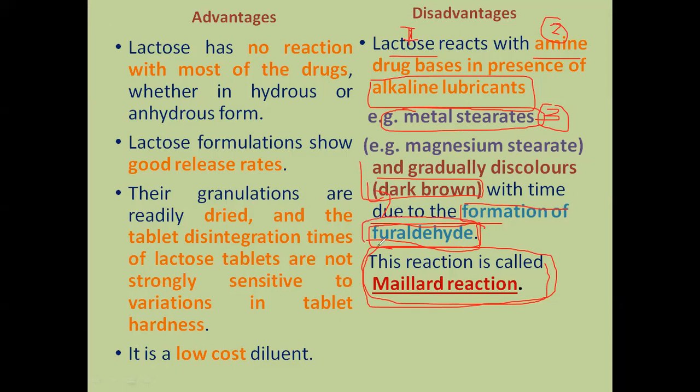When lactose reacts with amine bases in presence of metal stearate, it leads to the formation of furfural aldehyde, and this formation of furfural aldehyde is responsible for what? It is responsible for the discoloration of your tablet, and the color which is seen is dark brown, and this whole thing is called the Maillard reaction. I hope that you people have understood this.